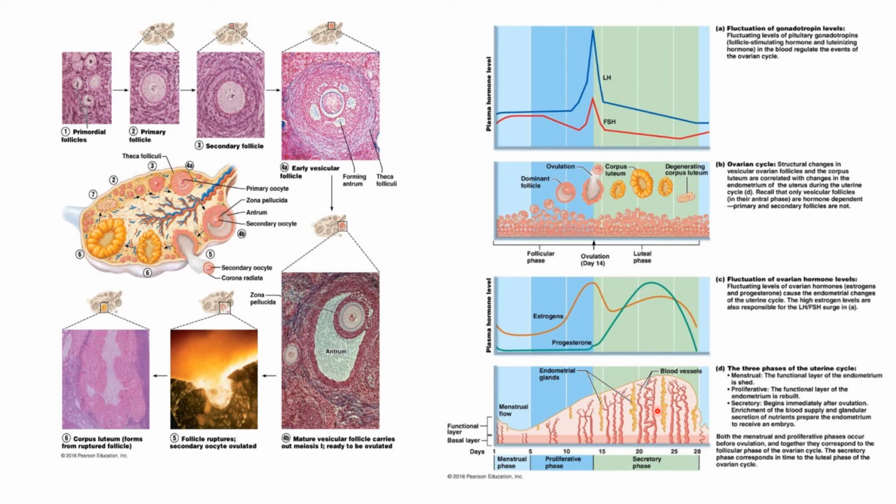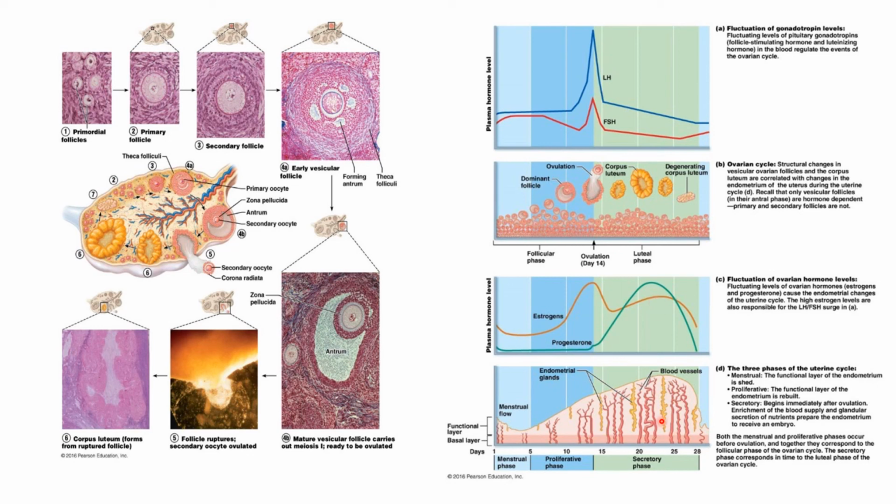And the rising progesterone levels within your plasma are going to prevent the LH levels from rising. That would be important because you don't want to have another ovulation if the embryo has already started to implant itself within the uterus.